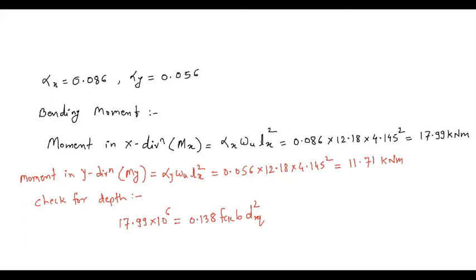Now if you put the values, 17.99 into 10 raised to 6 is equal to 0.138 into fck is 20 into b is 1000 and d required square.